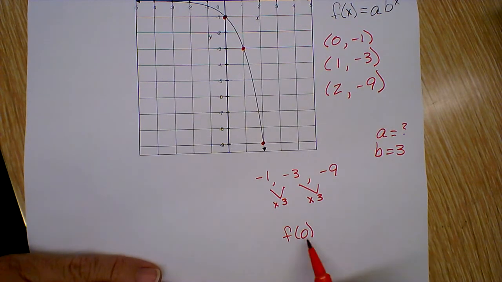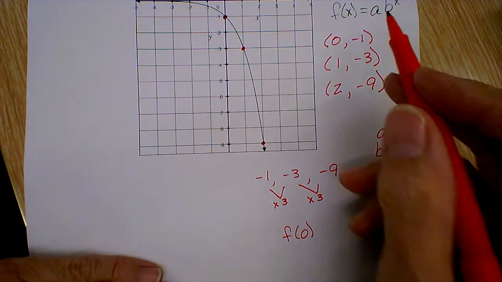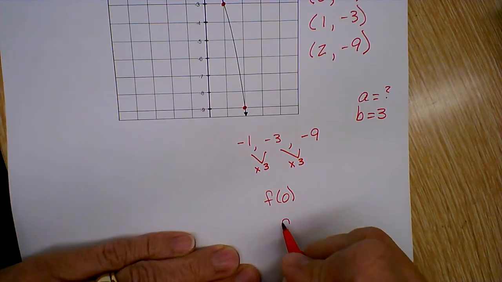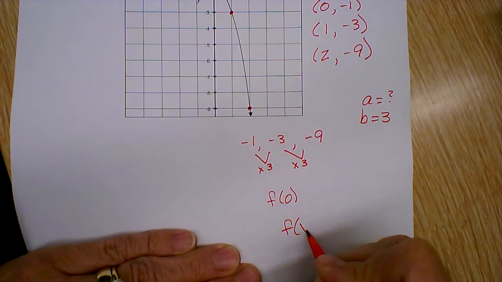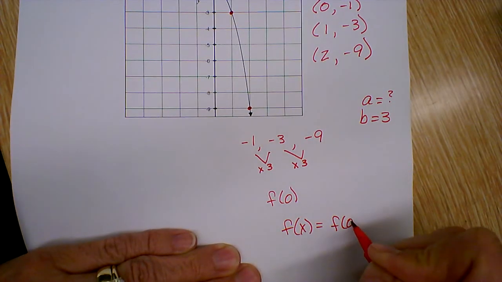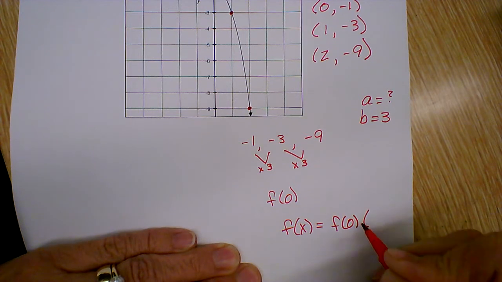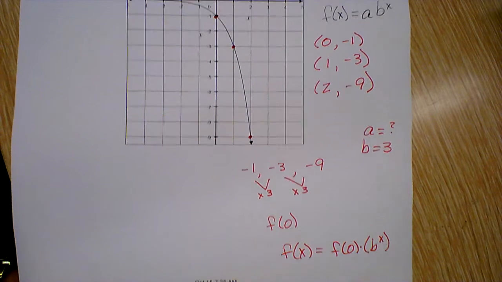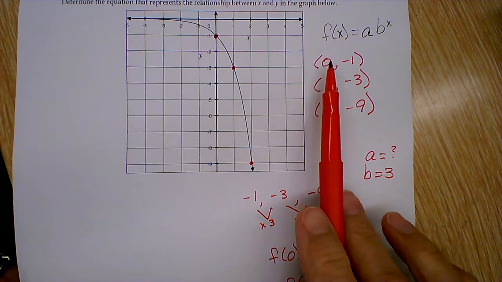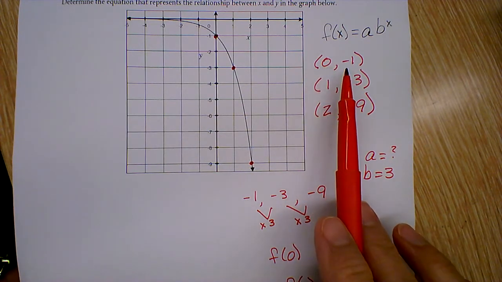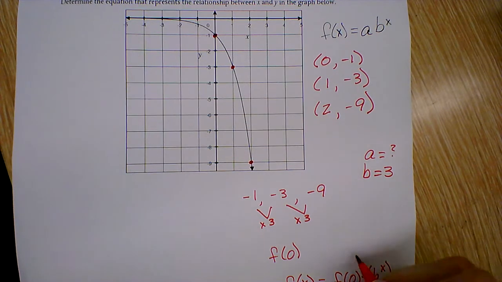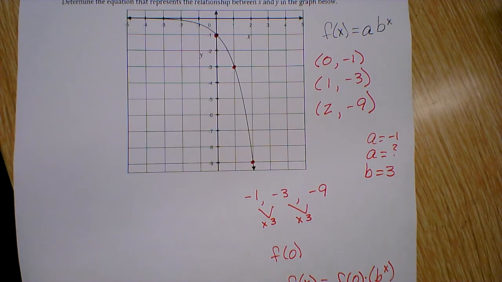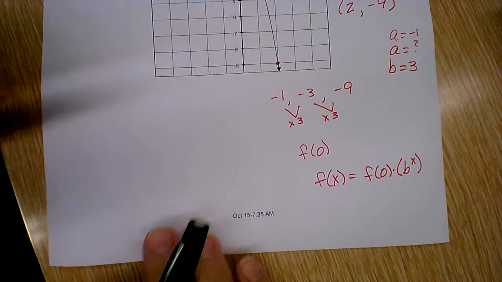So if I were to replace that as my initial amount into my equation up here, I would write f of x is equal to f of 0 times b to the x. Well, we know what f of 0 is right here. When we input 0, our output is -1. So that tells me that my a value is -1.